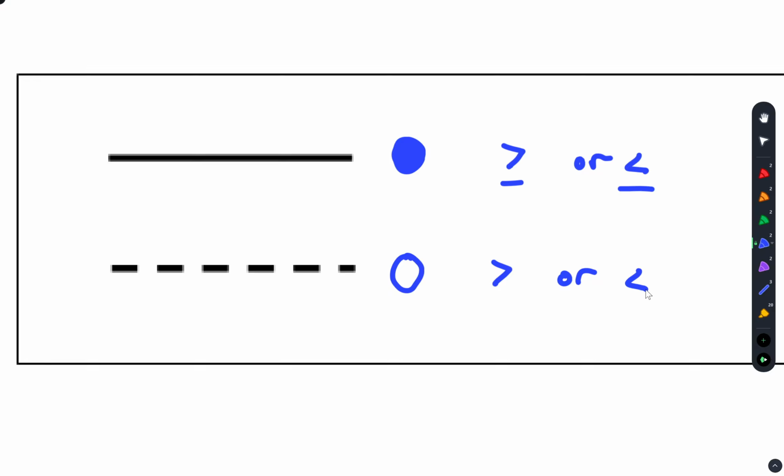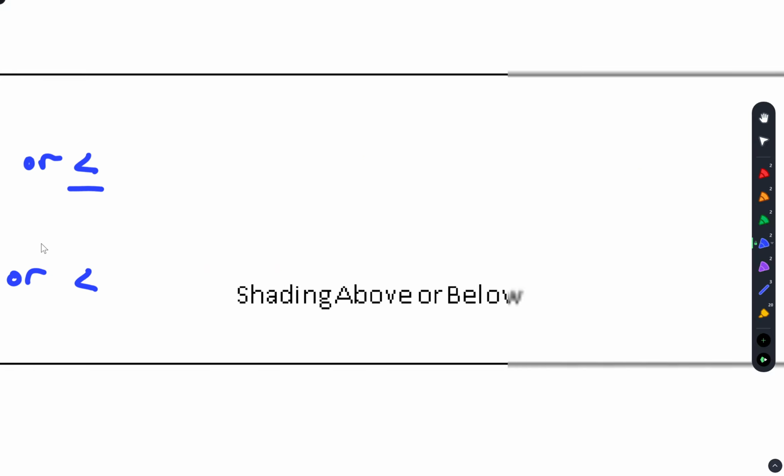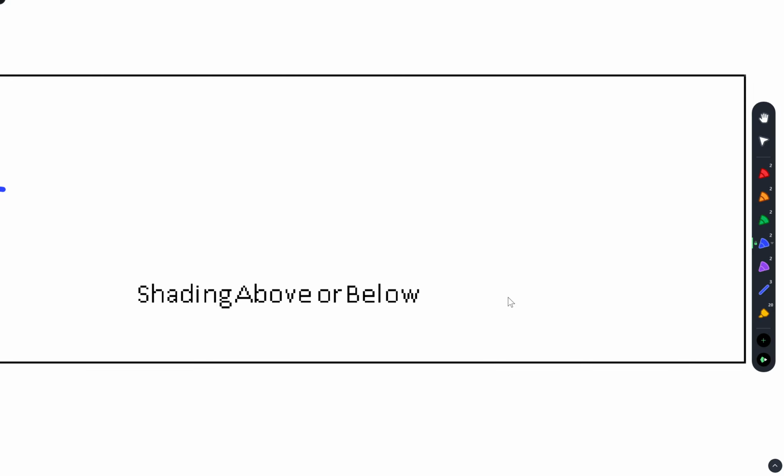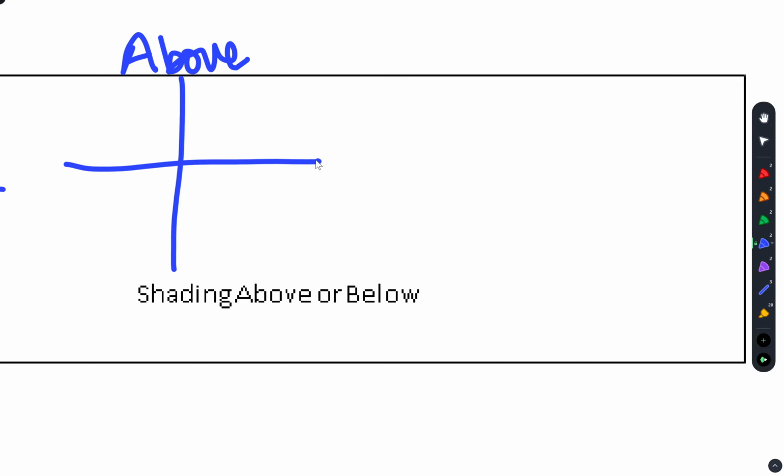The second part is now, where do we shade? So I'm going to draw you two little graphs here. Do we shade above or below my line? Well, let's give an example for what above looks like. So let's imagine I have a coordinate graph. I'm going to draw in a line. I am going to shade above this line.